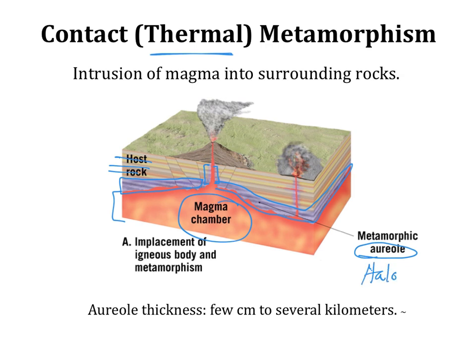And this rock has been baked. We talk about contact metamorphism baking the rock because we're only increasing the temperature. The pressure stays the same as it was to begin with. So pressure remains constant, but temperature increases a lot because of the heat from that intruding magma.